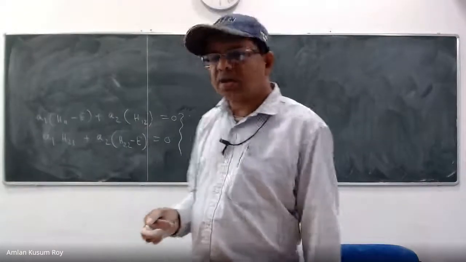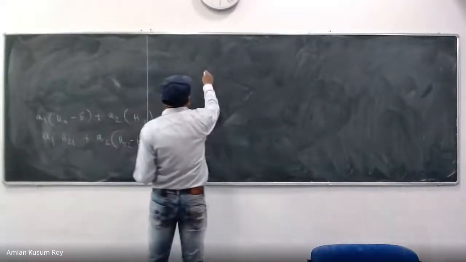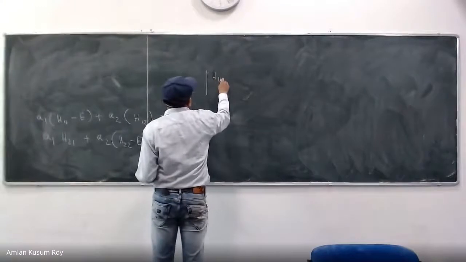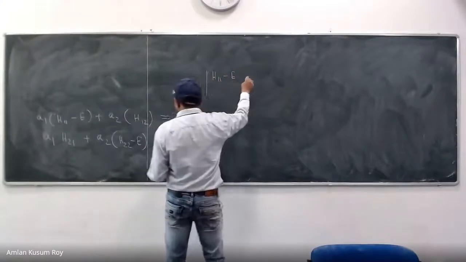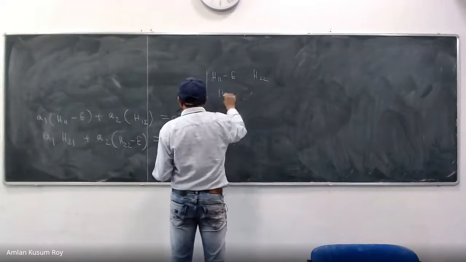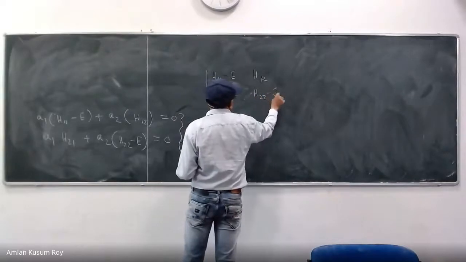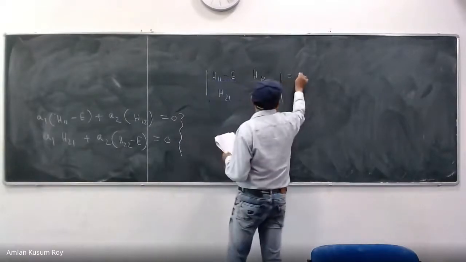The determinant should vanish, okay? So H11 minus E, H12, H21, H22 minus E is 0.